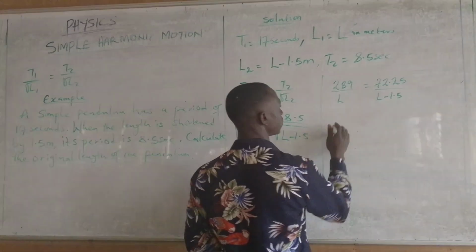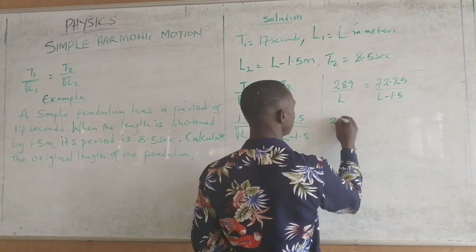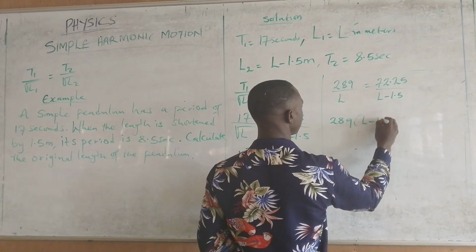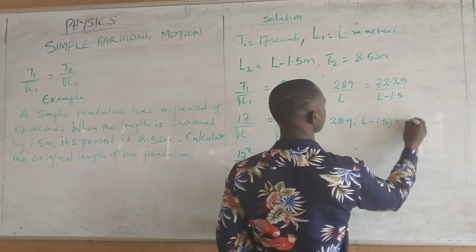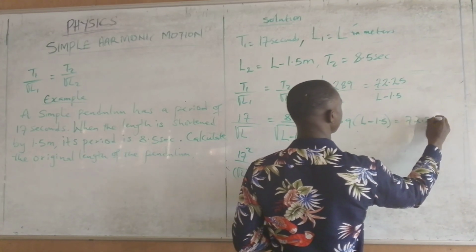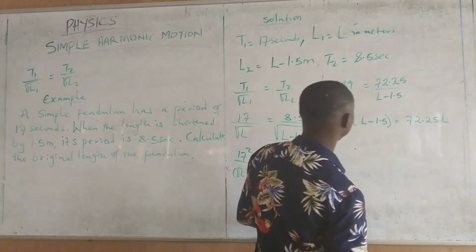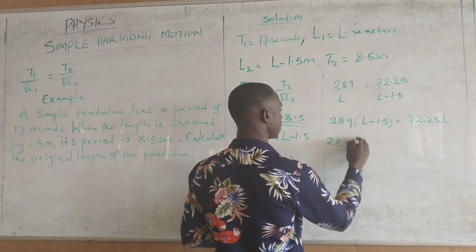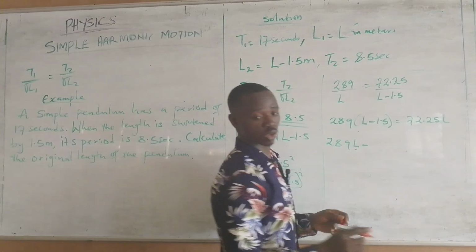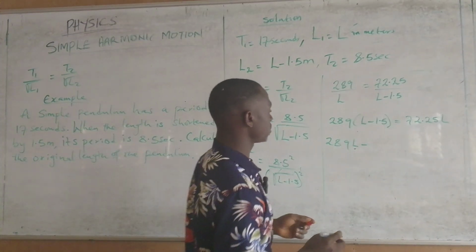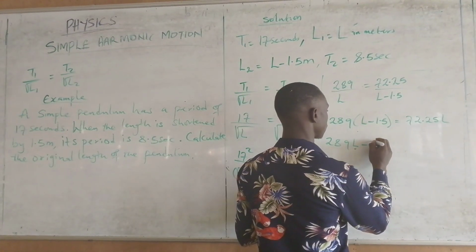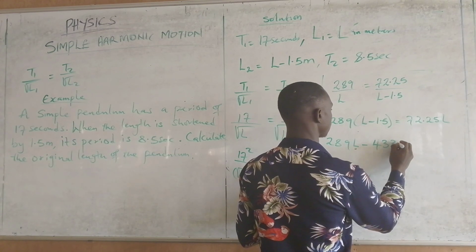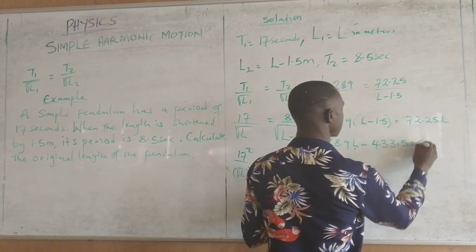When we cross multiply, we have 289 into L minus 1.5 equals 72.25 L. If you open the bracket, you have 289 L minus 289 times 1.5, which is 433.5.